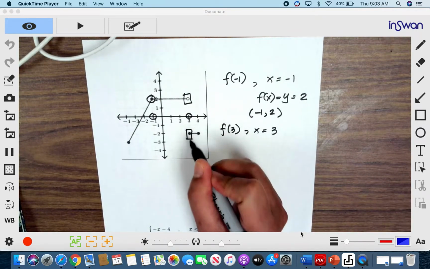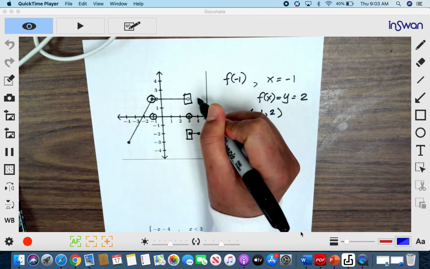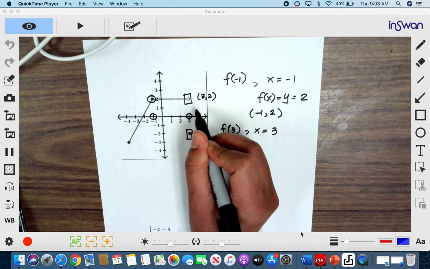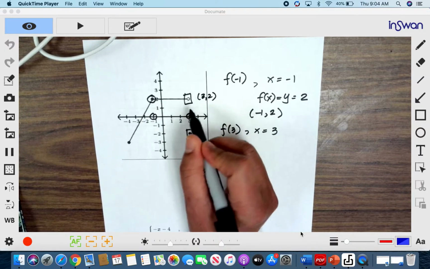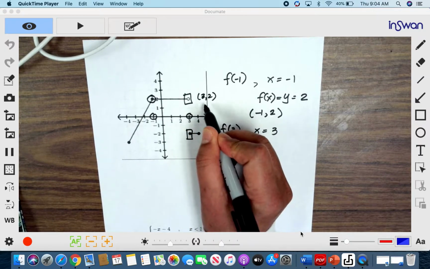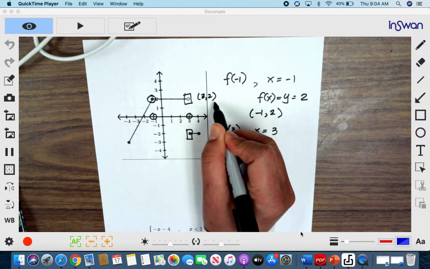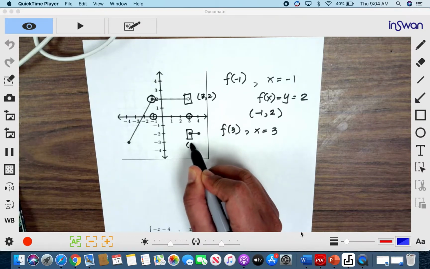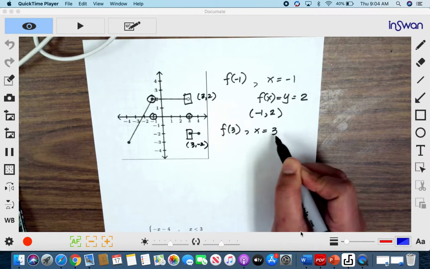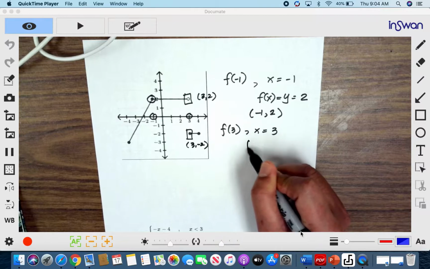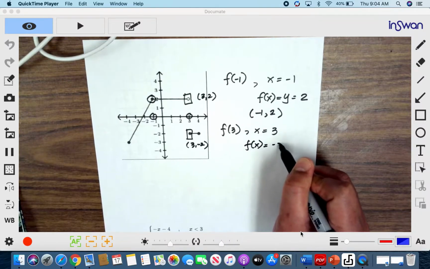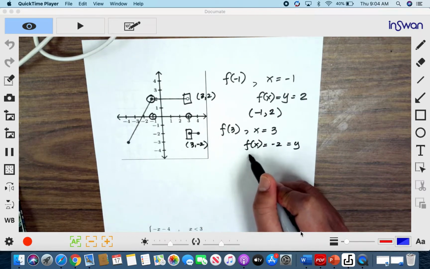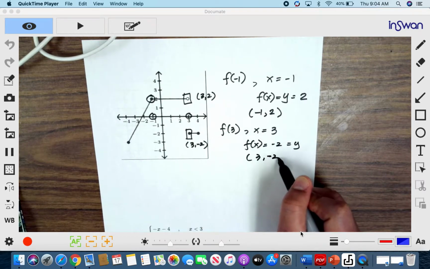You have to choose the dot, because the hole means the point (3, 2) is not part of the graph. It's undefined here, but it is defined here. The point here is at (3, -2). So your y here, or f of x, is equal to -2. Therefore, the graph will be hit at (3, -2).